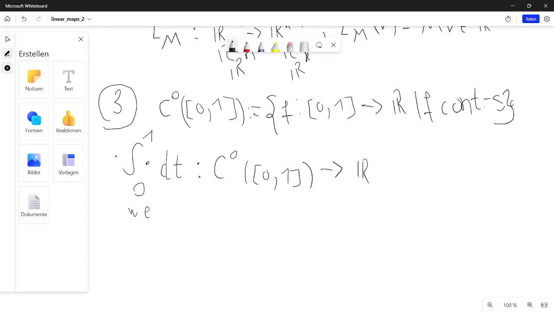Well defined, since that's the Riemann integral for now, since f is a continuous function on a closed interval.